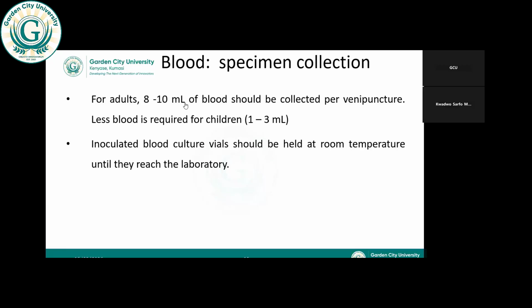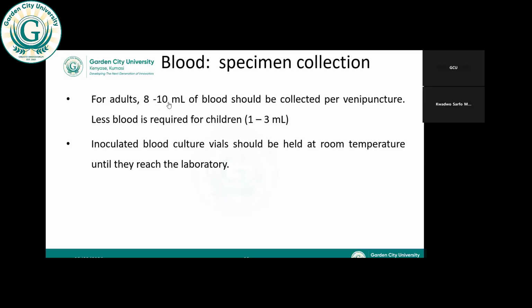Sometimes some facilities will request that you take this blood, and then when it gets to the lab, they will make aliquots and then use it for the specific test. So they can use some for malaria test, some for the blood culture, some for hematology. So it depends on the facility also. But if you are given the culture bottle, we have culture bottles for pedics, and that one usually you take 1 to 3 mils. We have culture bottles for adults, 8 to 10 mils.